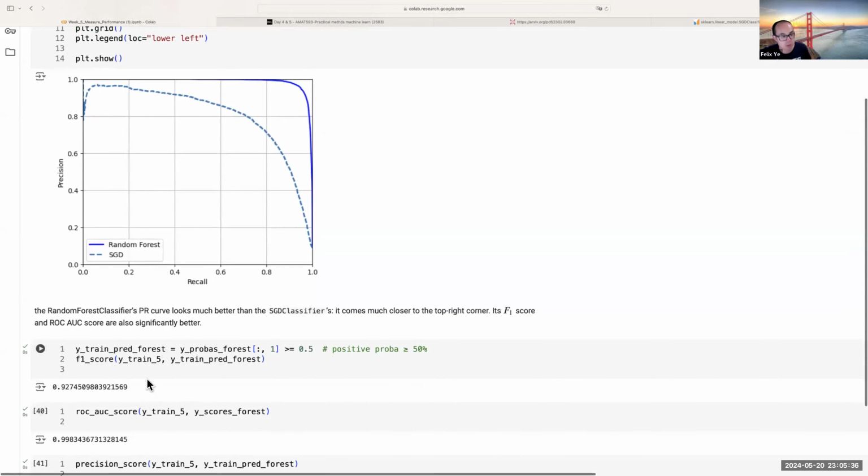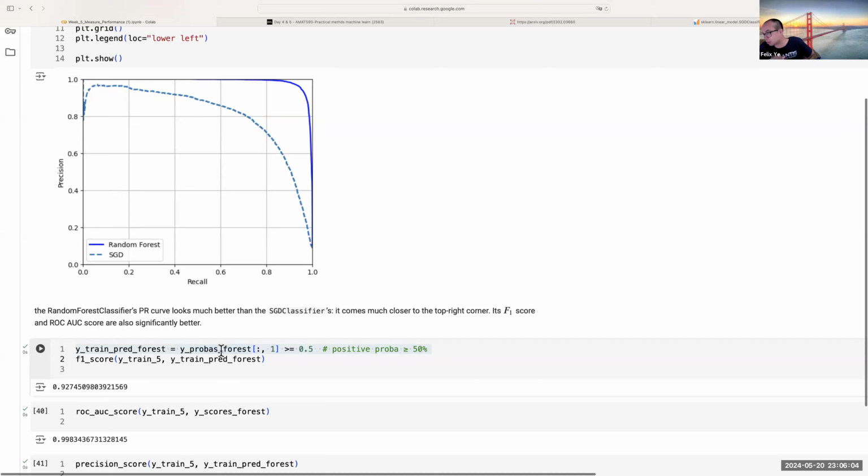In fact, my F1 score is 0.92, and my ROC AUC score has got 0.99. Both metrics are doing a really good job, right? So I forgot to mention, the way I make predictions: if the probability is bigger than 0.5, it will be predicted as 1.